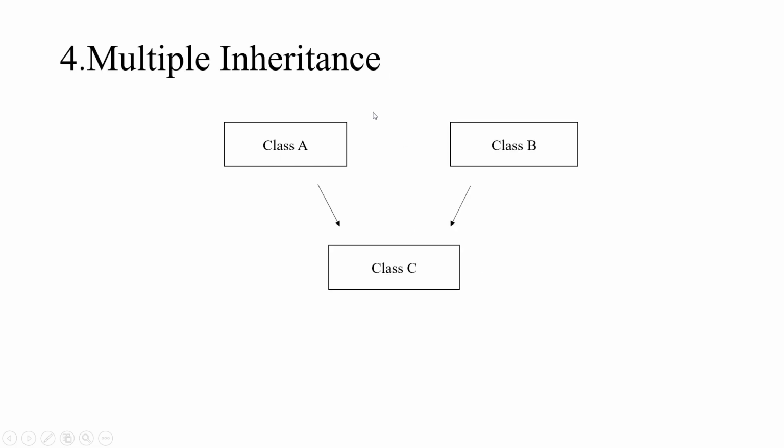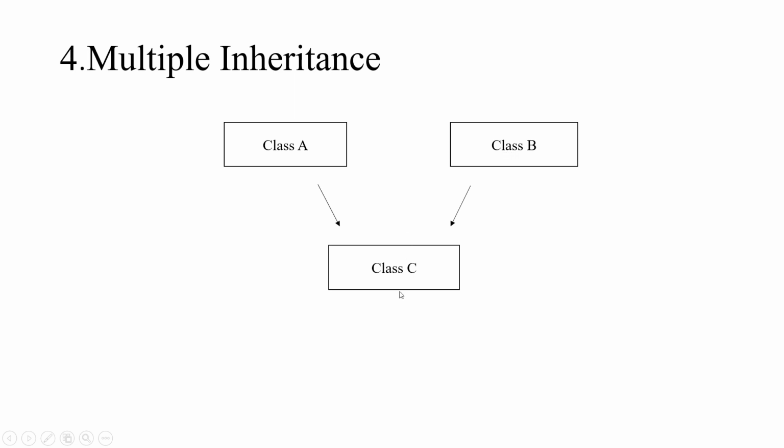Multiple inheritance. Java does not support multiple inheritance. There is a reason: ambiguity. What happens in multiple inheritance? There are two superclasses and one child class. Suppose one method is declared here and another method there, and both methods have the same name.